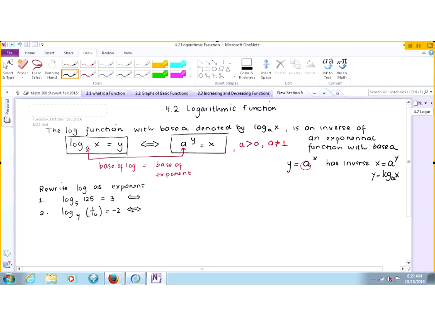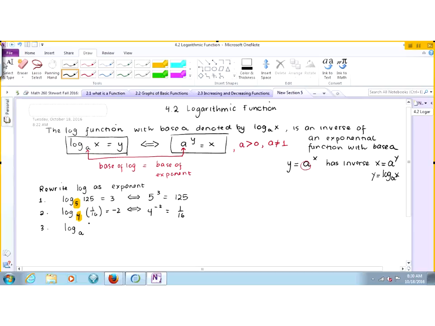So how do we rewrite this? Yes. So the base of the log, which is 5, and what's the exponent? 3 is equal to 125. All right. And the second one? The base is 4, to the negative 2 is 1 over 16.